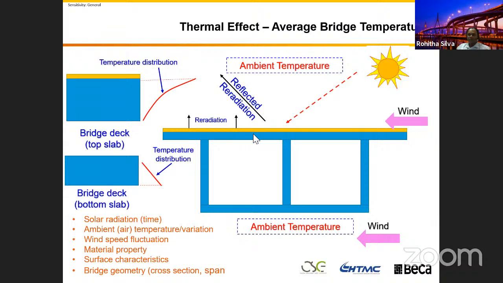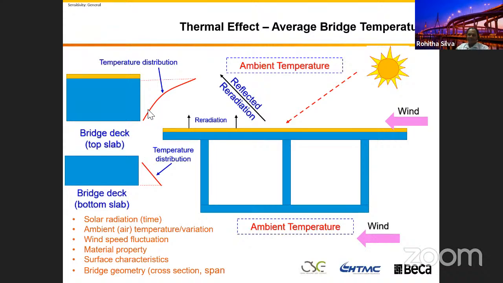But codes give you this value. I just want you to understand why we are getting that, because of these complex changes happening in the bridge, we get this residual differential stress distribution across the bridge. And in the bottom also we get it, but it's very different from the top.